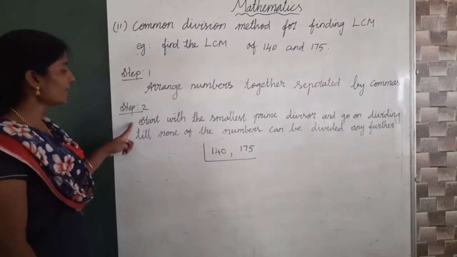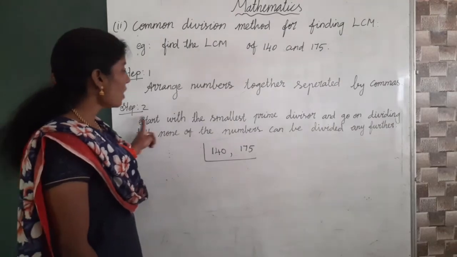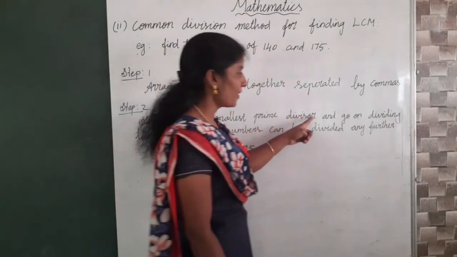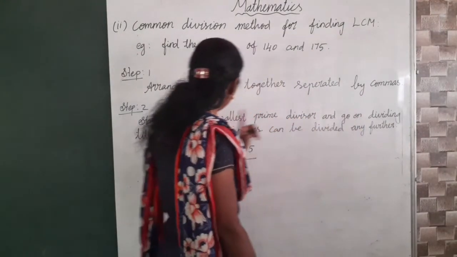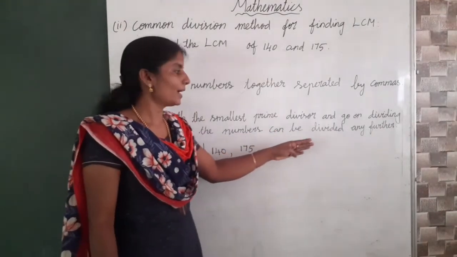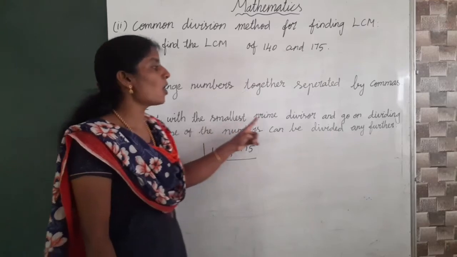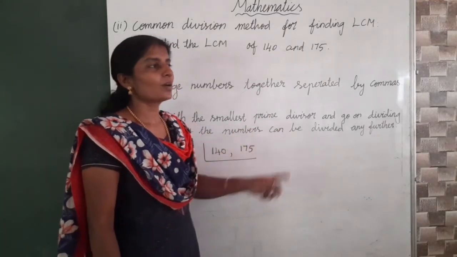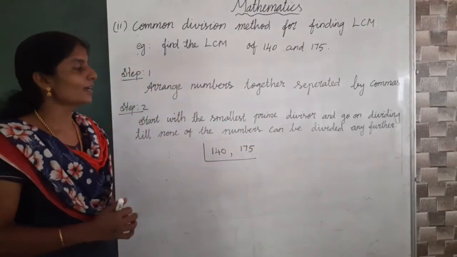Now the second step: start with the smallest prime divisor and go on dividing till none of the numbers can be divided any further. What are the smallest prime divisors?